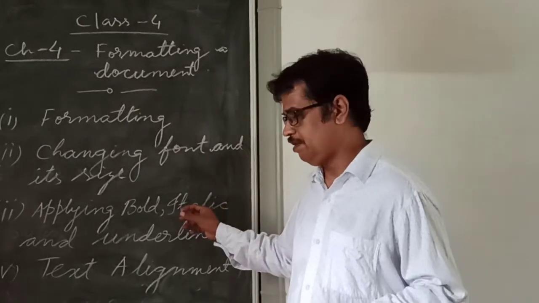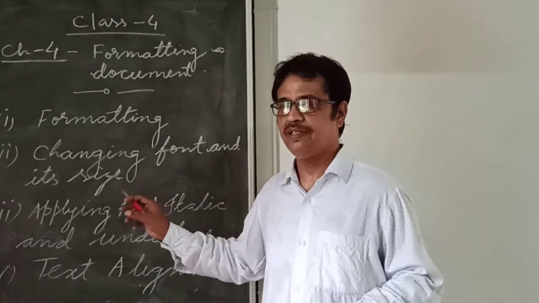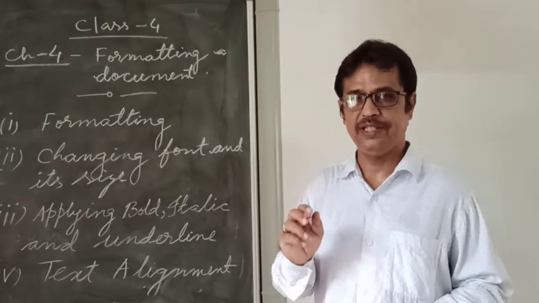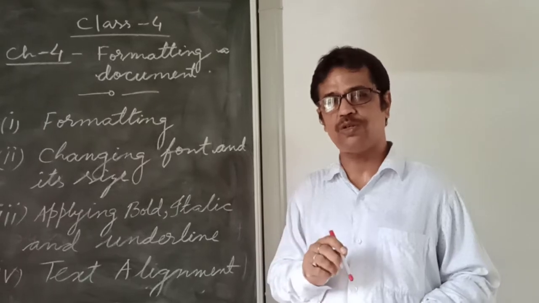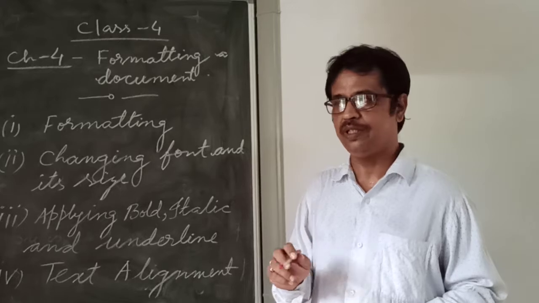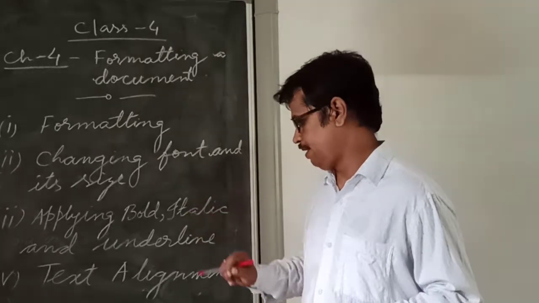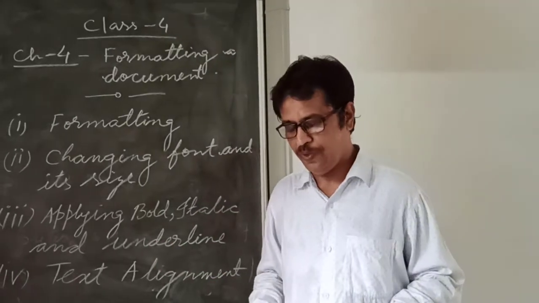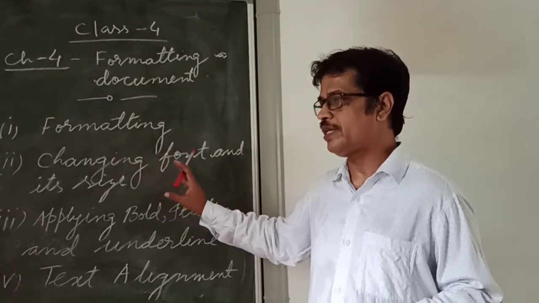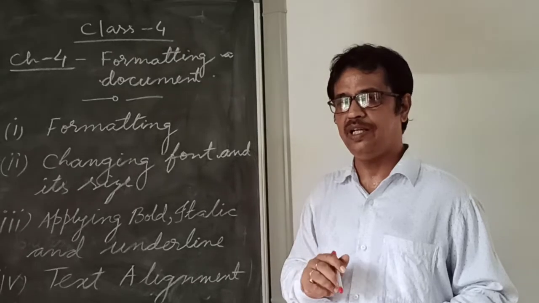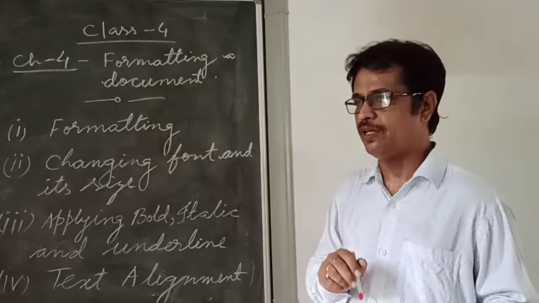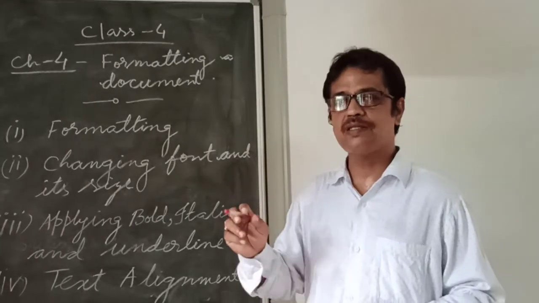For italic, select the text and press Ctrl and I together. Press and hold the Control button and press the I button of your keyboard together, then your text will be italic. Now underline. If you want to underline any text, first select the text, then press the Control button and the U button together.